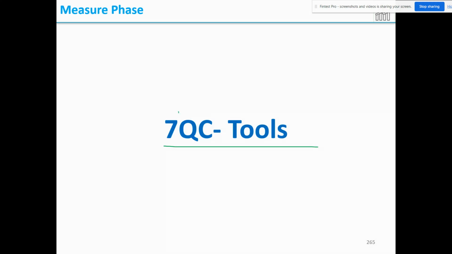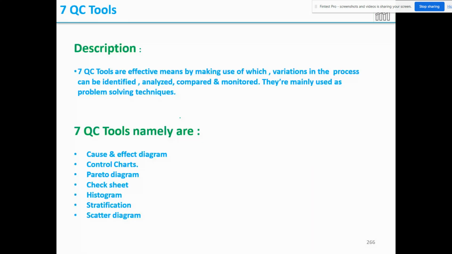So there are 7 quality control tools which you can use to measure and see the data of any process characteristics or product characteristics. The 7QC tools are effective means by making use of which variation in the process can be identified, analyzed, compared and monitored. They are mainly used as problem solving techniques.